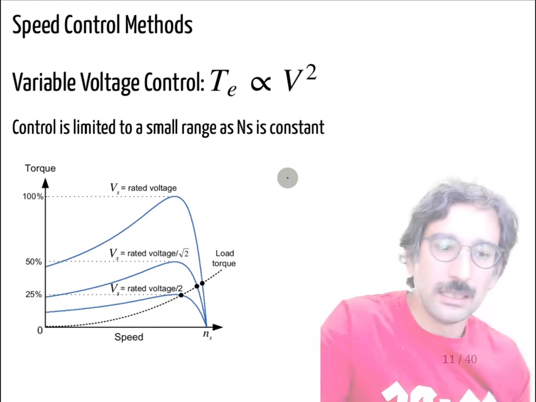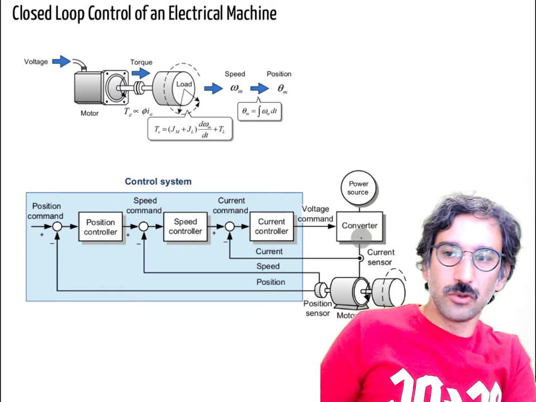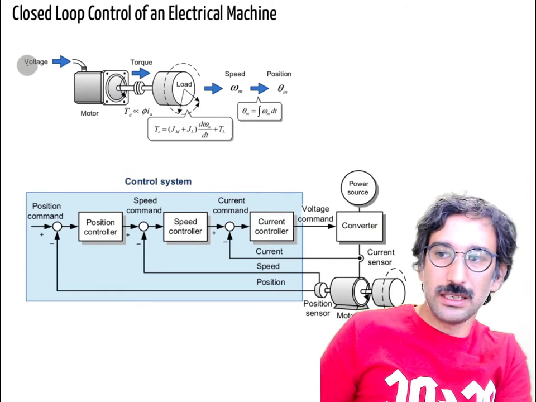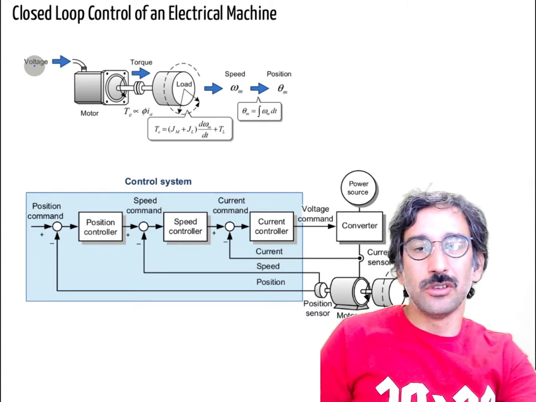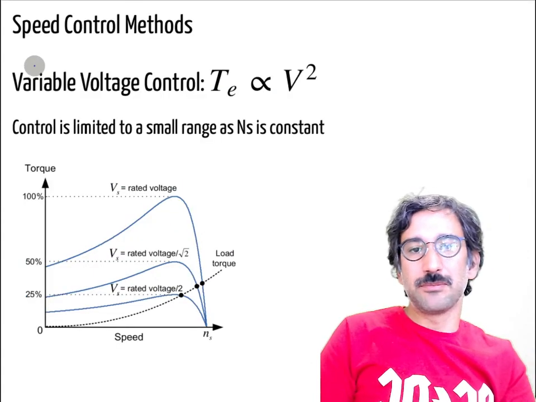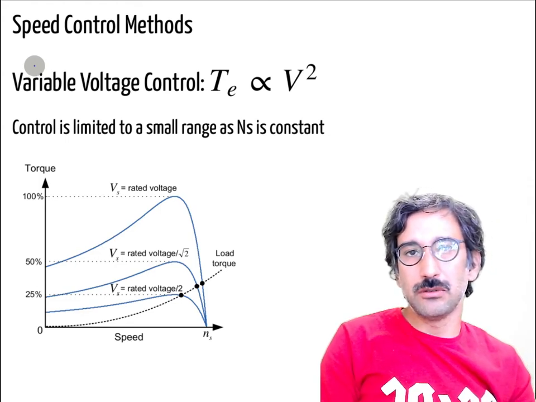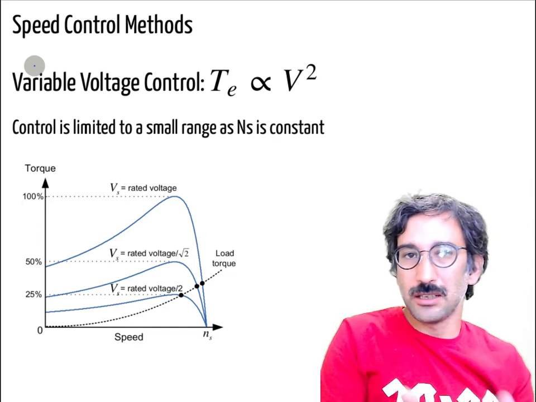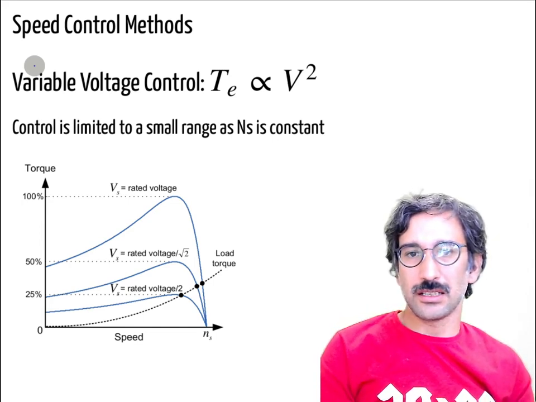So while applying that converter, what will be the input of our motor depends on the type of control or the requirements of the system. And one of the simplest control is variable voltage control, and we use the same technique to start up the motor or to limit the starting currents in an induction motor.